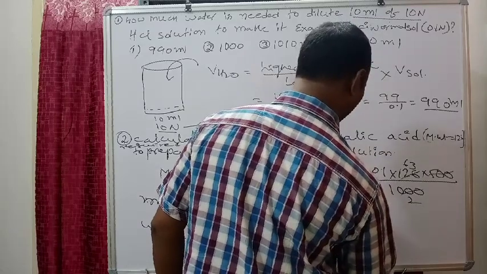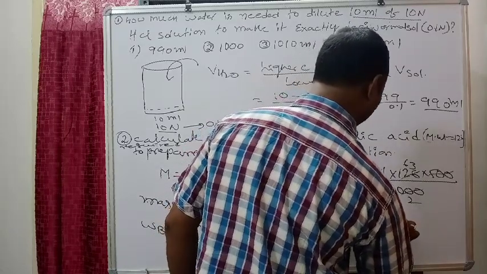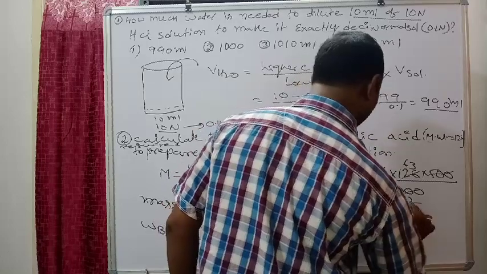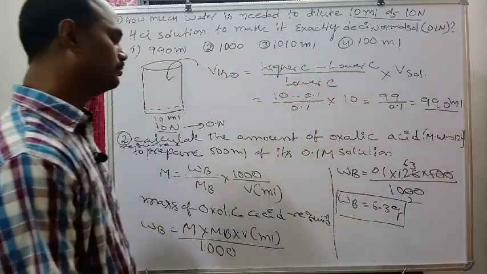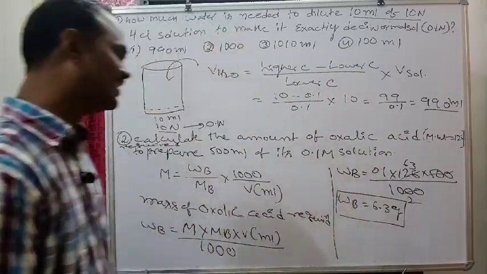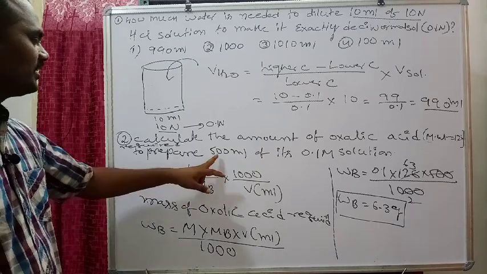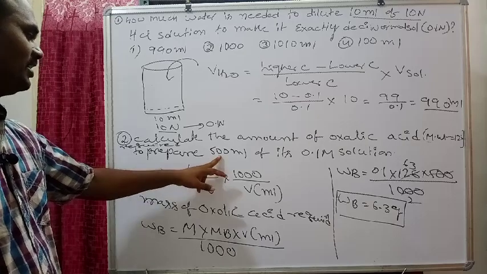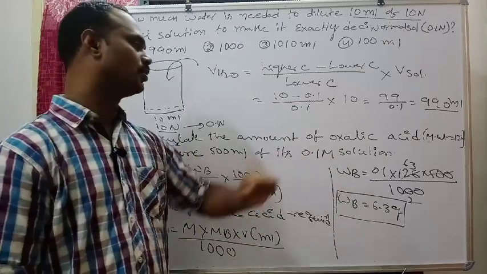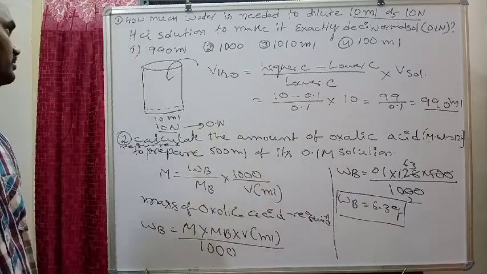The mass of oxalic acid required is 6.3 grams. If you dissolve 6.3 grams of oxalic acid in 500 ml of water, it converts into a 0.1 M solution. Is it clear?